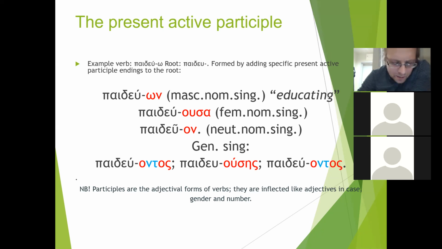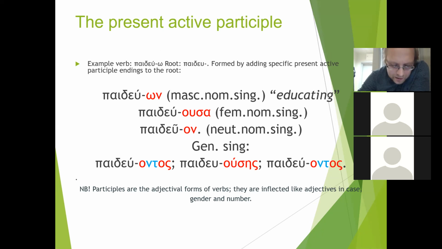And here our example verb is again paideuo. And the stem is, as we remember, paideu. And we then get the present active participle forms by adding specific participle endings to this root.